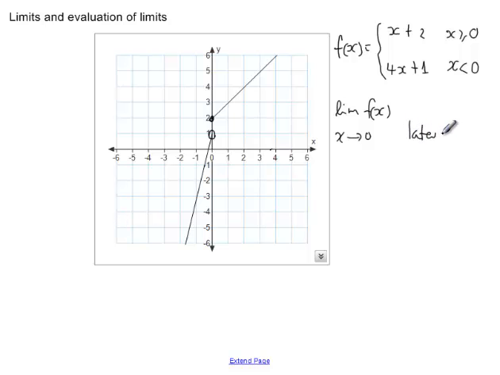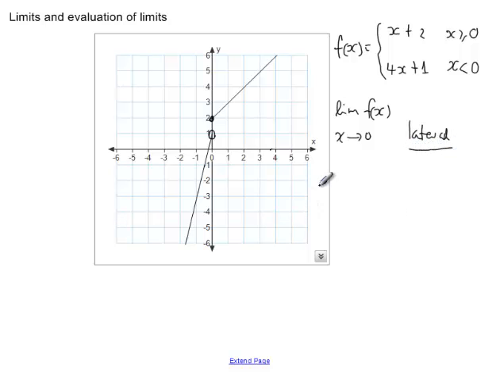Lado, L-A-D-O, is side in Portuguese, Spanish, and I don't know what other Latin languages. So lateral means side limits. But the term which is used in mathematics is lateral limits.